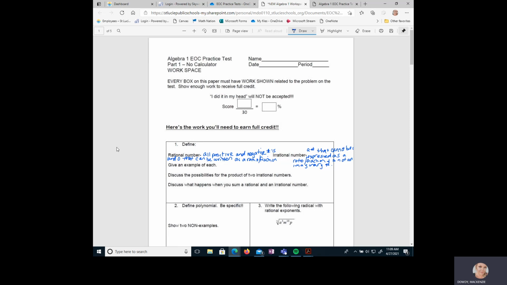Give an example of each. So rational is all whole numbers, integers, fractions, and terminating decimals.